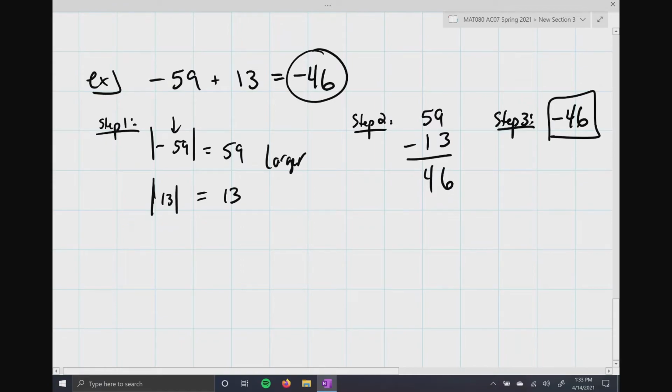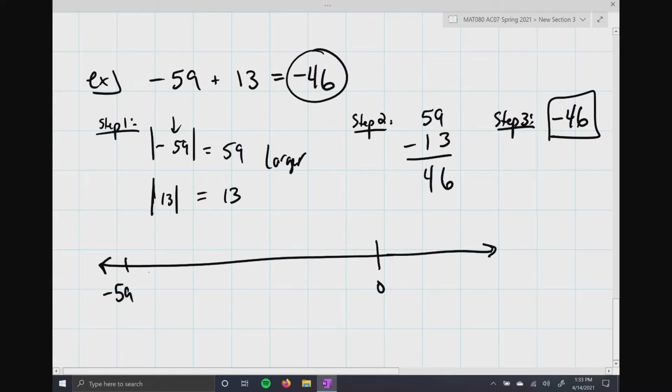But I'm going to write it down just so you can see it, okay? Should I give myself a little bit more space here?